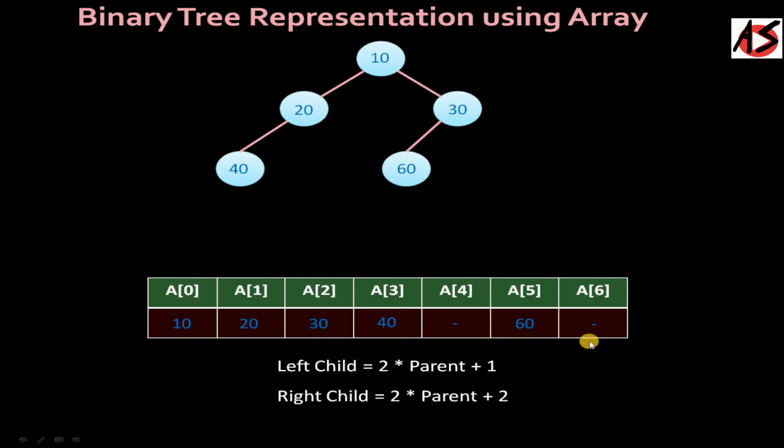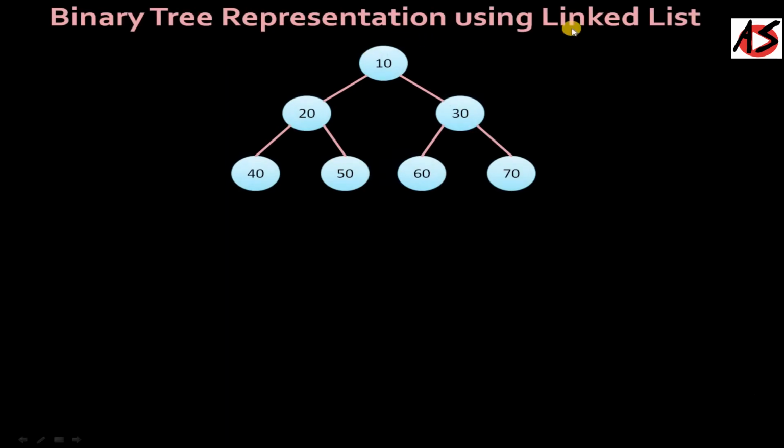So to eliminate this limitation, we will take the binary tree representation using linked list. Here we will take a node like this, in which we have a data part and two pointers. One pointer, the left pointer, is pointing to the left child, and you have a right pointer that is pointing to the right child.